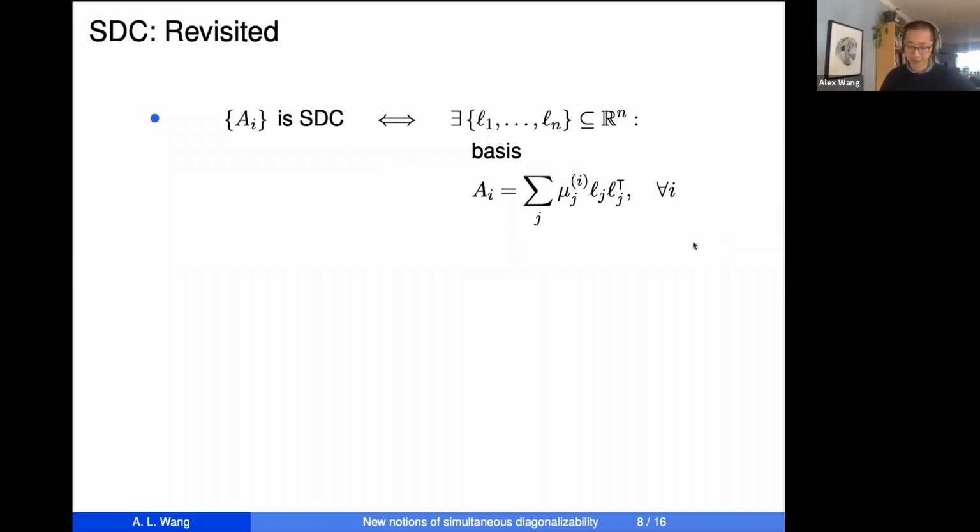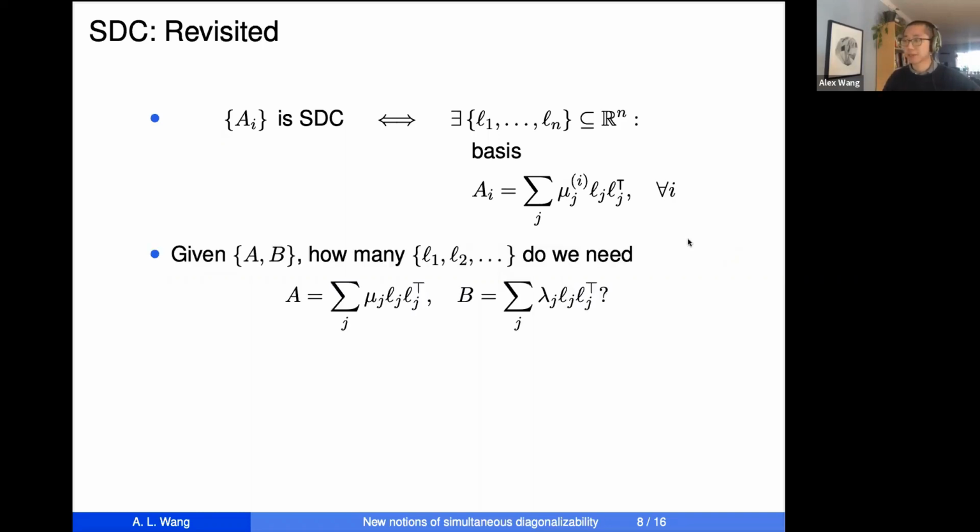But even in general, if you're given a set of matrices which is not SDC, that is to say, you can't find L1 through Ln, what you might ask instead is how many additional vectors do I need? Maybe I'm going to allow myself n plus d vectors, L1 through L(n+d).